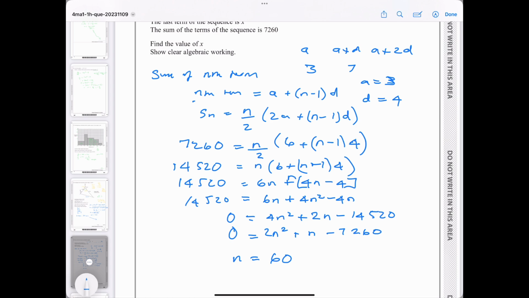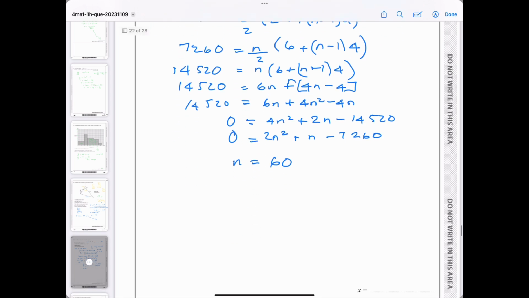We can put it in. So let's just put it into the quadratic formula. The quadratic formula is minus b plus or minus the square root of b squared minus 4ac, over 2a.